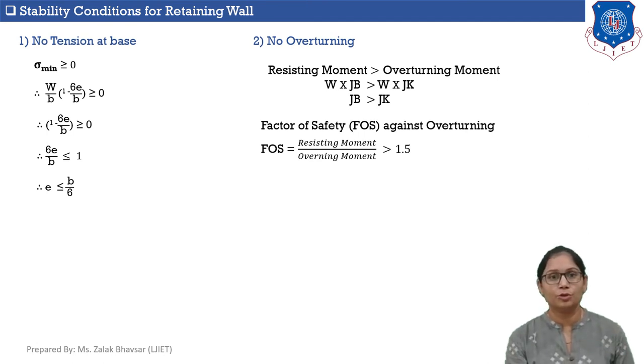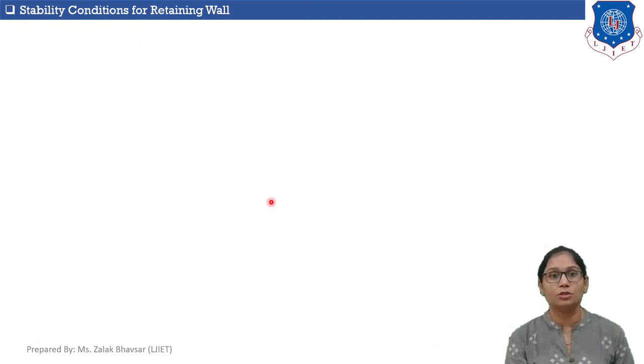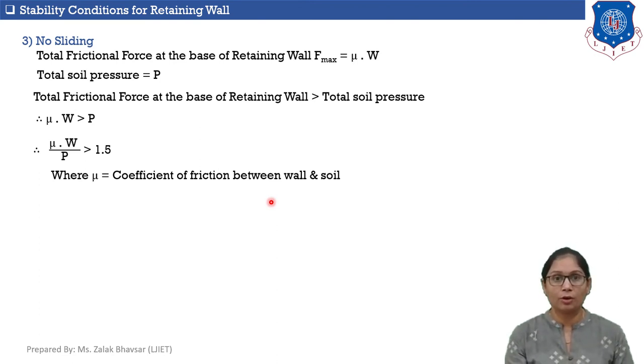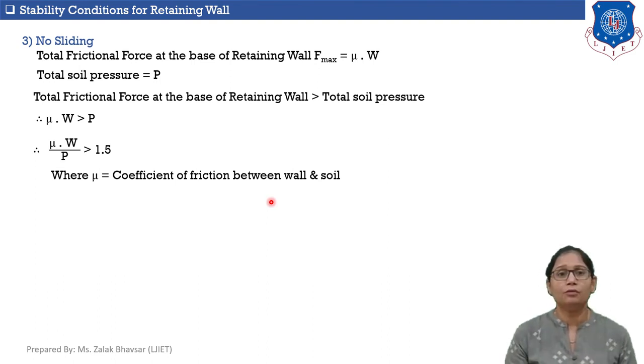So let's move to the next stability condition, which is no sliding. We know that the wall carries soil behind it and there is always a possibility of sliding of the structure. For stability against sliding, the total frictional force at the base of the retaining wall, which is mu into W, must be greater than the total soil pressure P. So we can say that mu into W should be greater than P. In other words, mu into W upon P should be greater than 1.5.